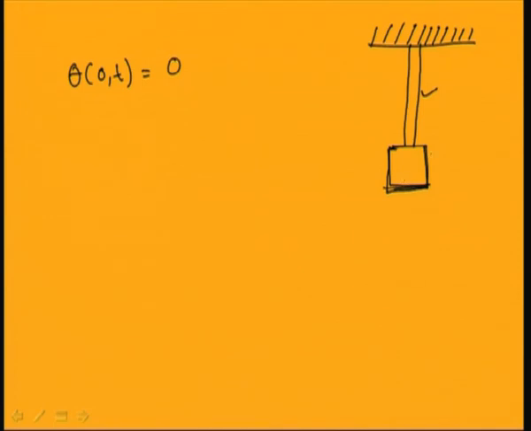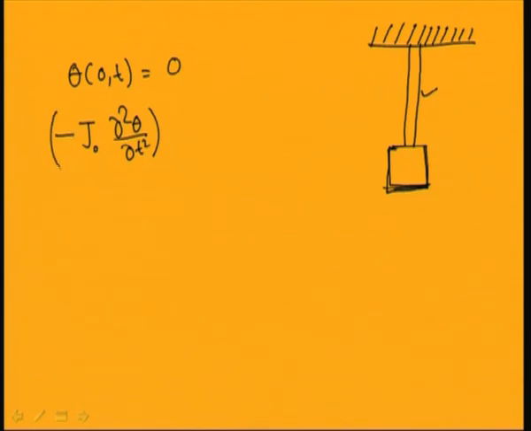It will be equal to minus J0 del square theta by del t square at x equal to L.